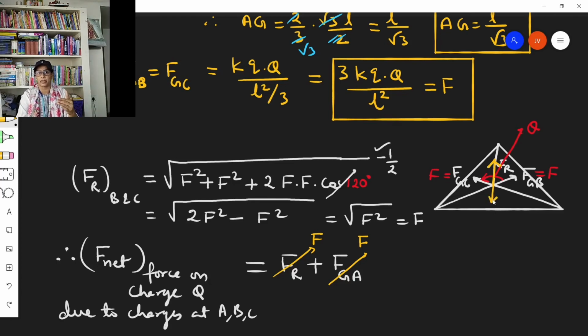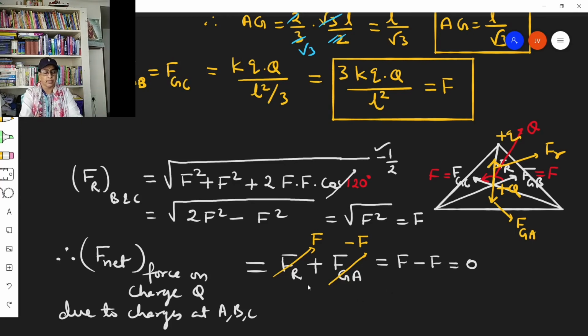Why? Because of repulsion. So this positive charge and this positive charge, they repel. So this will be FGA and this will be FR. So they are in opposite directions. So one of the forces we have to take as negative. And hence we have F minus F, which is 0.